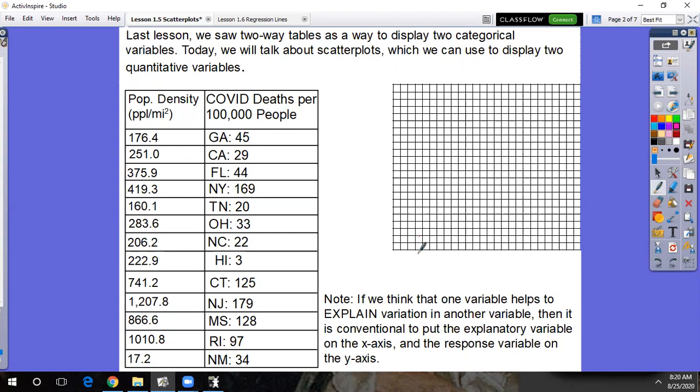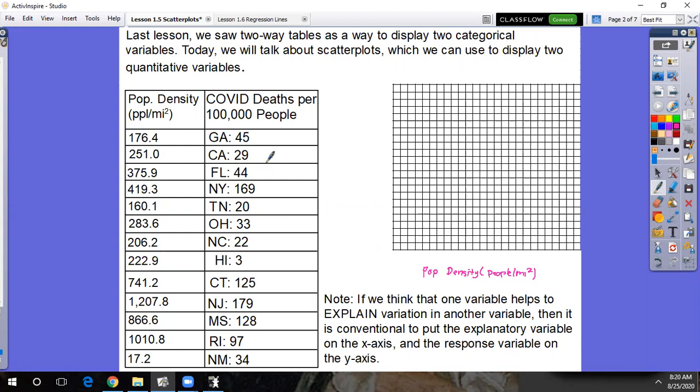One important thing to note when we're making scatter plots is to make sure that we label our axes. So this is population density. And we're also going to include the units. This is people per square mile. So this population density tells me on average how many people are there per square mile in each one of these states.